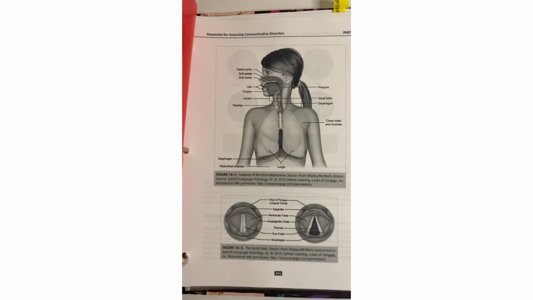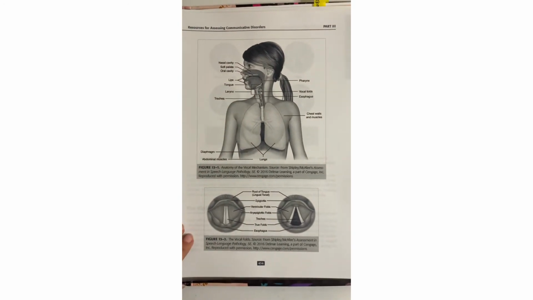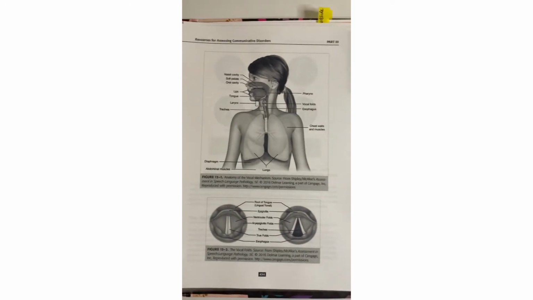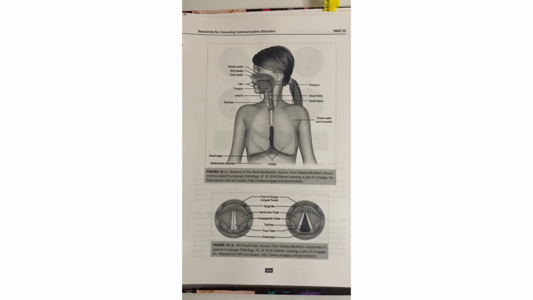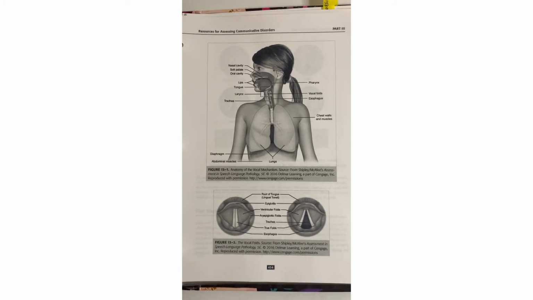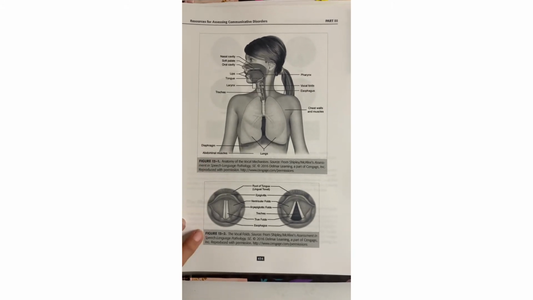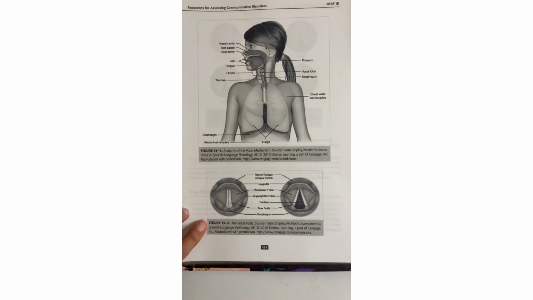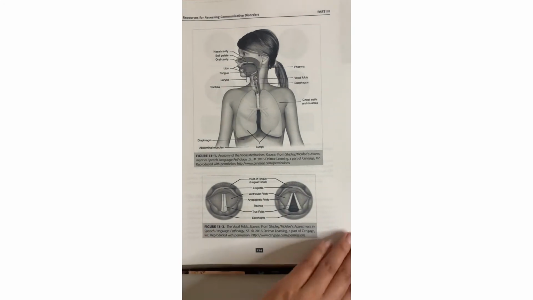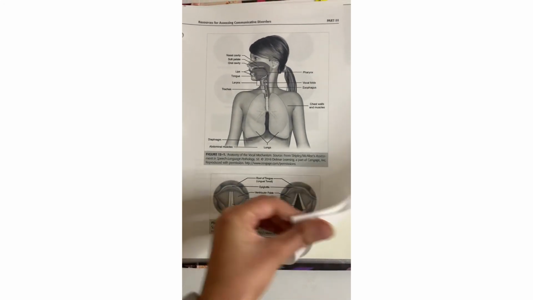And the next section is the voice disorders. Here we have from Shipley a diagram, Figure 13-1 of the anatomy of the vocal mechanism. And here in Figure 13-2 is the vocal folds. Thought this would be helpful.